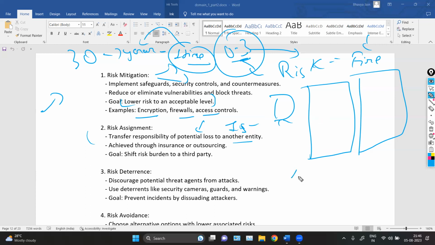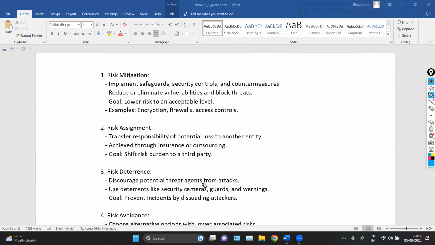If you wanted to mitigate, then you can use fireproof walls, etc. But instead of using fireproof walls, you are purchasing the insurance for your organization, so that if any risk occurs, then you are transferring that risk. So you shift the risk burden to a third party. Okay, that is risk assignment.